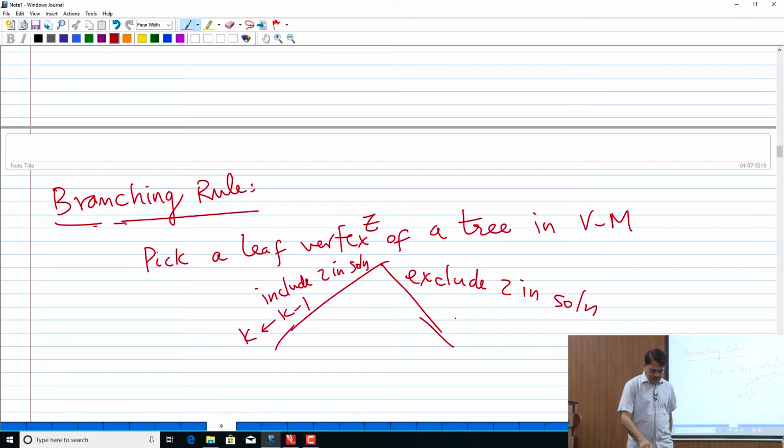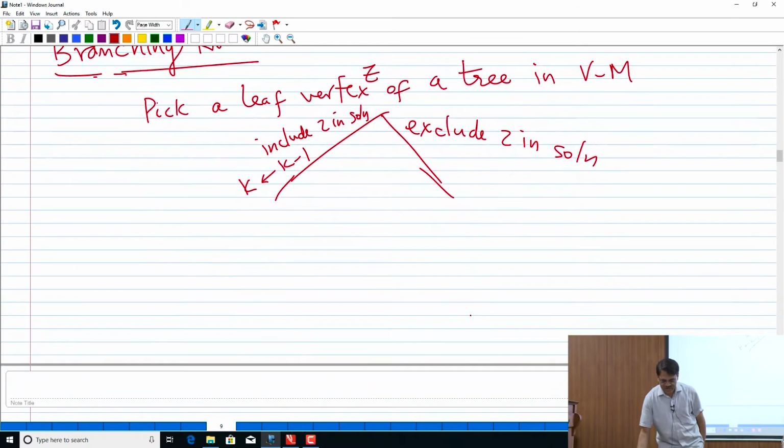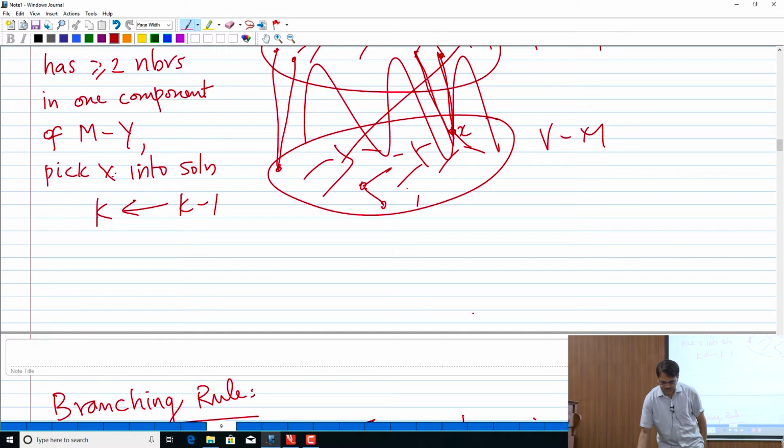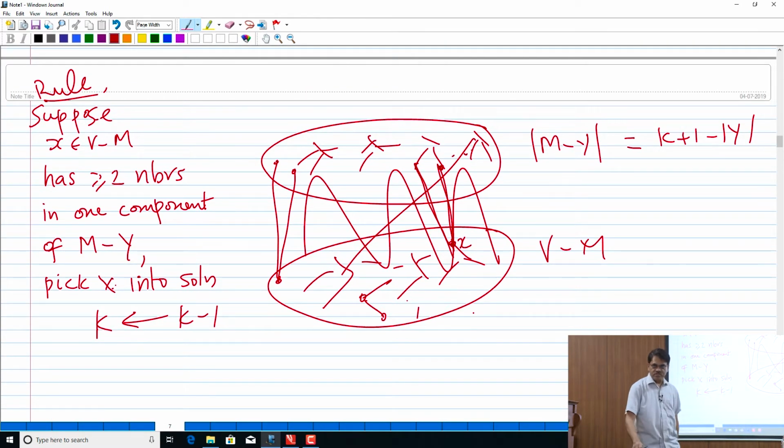Let's analyze the situation when Z is not in the solution. But pay attention to how I chose my Z. What I said is that this portion is a forest, a collection of trees. So go to a tree, pick a leaf vertex, and that is my Z. Now, how many neighbors does it have up there, this Z?